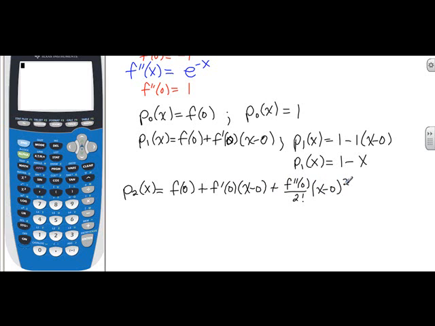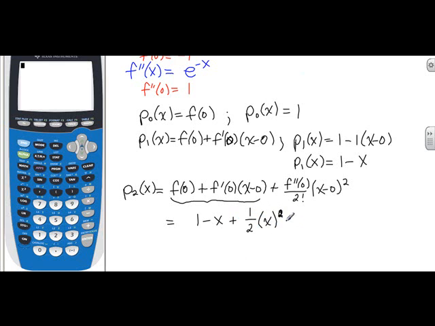So cleaned up, those first two terms are simply 1 minus x, which is P1 of x. Plus we're going to have the second derivative evaluated at 0 divided by 2 factorial, which is 2, times x minus 0 squared, or just x squared.